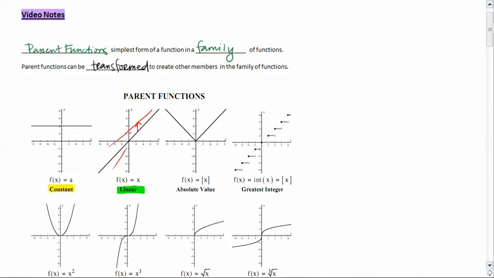Maybe it also still goes through the origin, but it has a greater slope, or maybe we have a negative slope when we go through the origin, or maybe we have a negative slope and we have a higher y-intercept or a lower y-intercept. These are all transformations of our parent function. That's how we describe that.